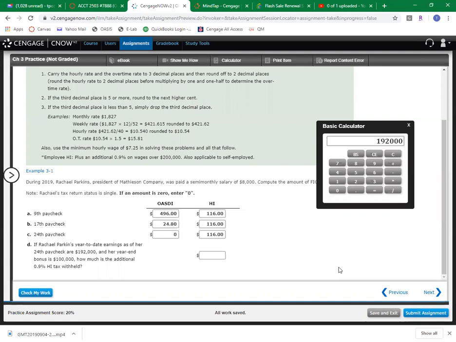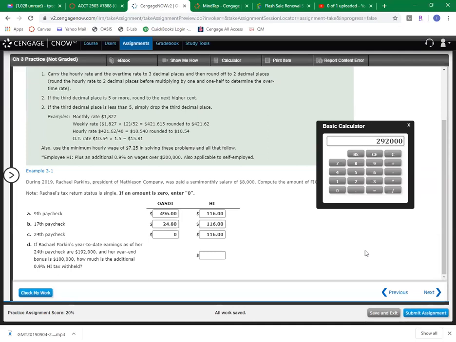But then we go to Part D. If Rachel Parkins' year-to-date earnings as of her 24th paycheck were 192,000, which we just saw, and her year-end bonus is 100,000, how much is the additional 0.9% HI tax withheld? Here I would want to figure out what her wages over 200,000 are. She has 192,000 plus the 100,000 bonus, so all total, she's earned $292,000.